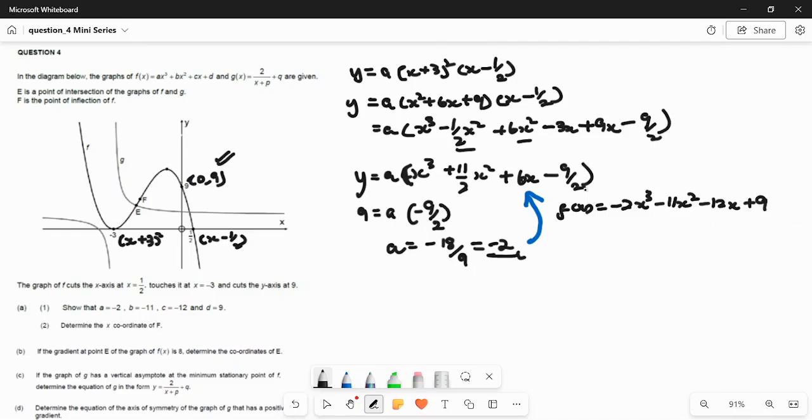So this is our function f(x). And indeed our a is less than 0, our b is 11, our c is minus 12, and then that's our d, the y-intercept.